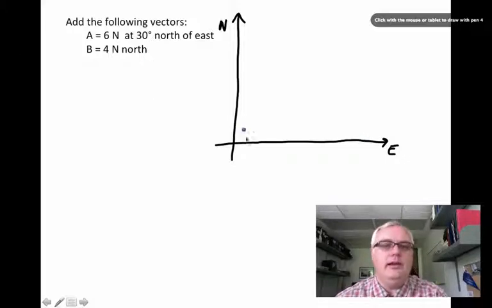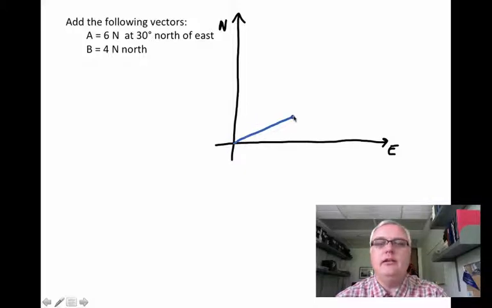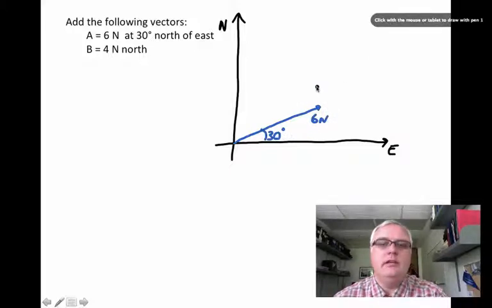And I'm going to start like I did with the previous example with vector A. So I'm going to start at the origin and draw vector A over here. And it's at an angle of 30 degrees north of east, and it's 6 newtons. And then I want to draw a vector B, slightly shorter vector, but it points north.